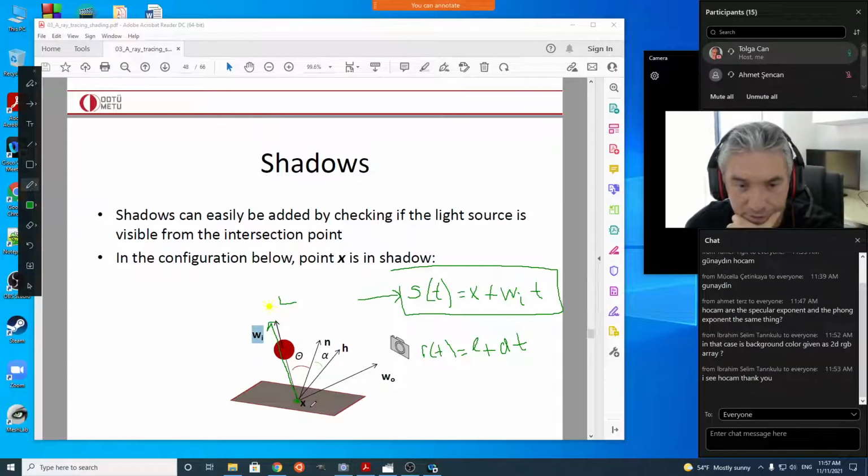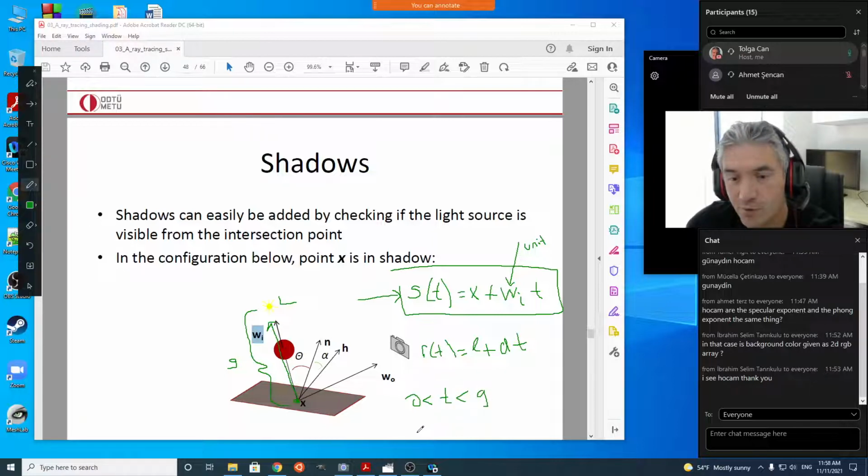For example, you know the distance between x and L, actually you're going to be computing that, right? Let's call it G. Now, if this is my ray and Wi is a unit vector, and there's an intersection in which t is between 0 and G, what does this mean?